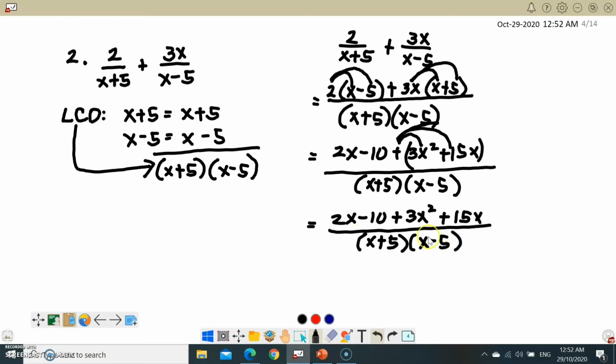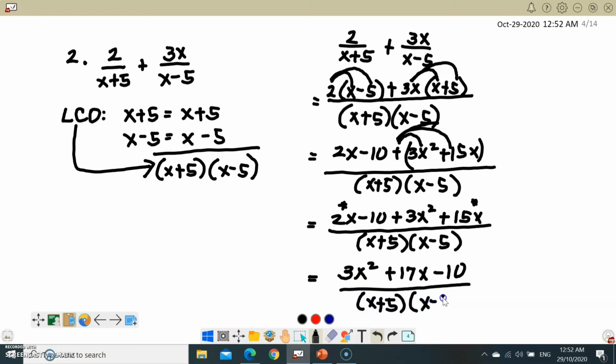So we combine like terms 2x and 15x. So positive 2x plus positive 15x is equal to positive 17x. So we now have 3x squared plus 17x minus 10 over x plus 5 multiplied by x minus 5.